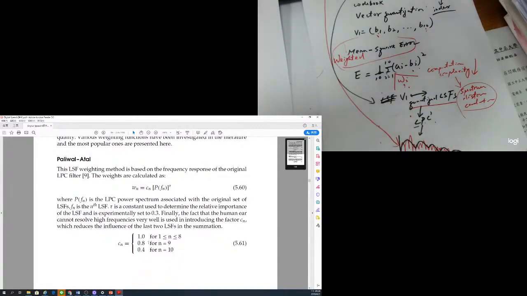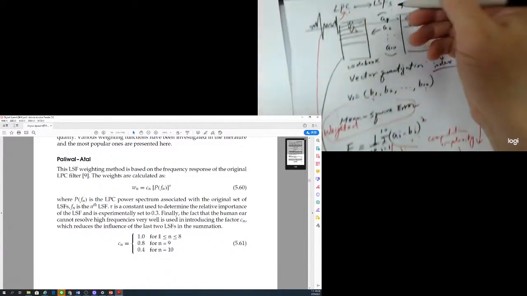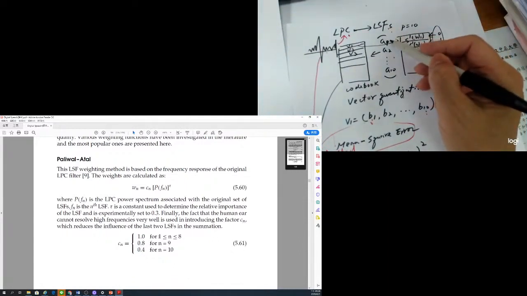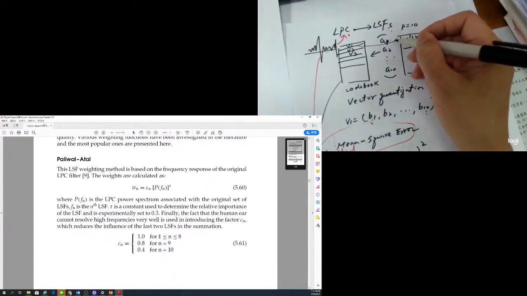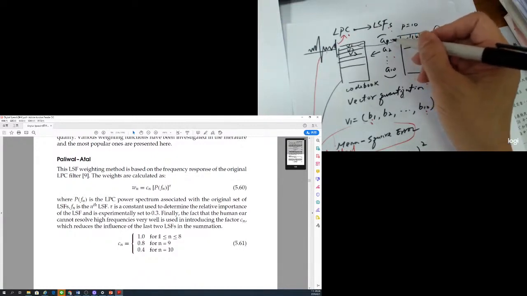So one person proposed that if you are at a low frequency here, there is one coefficient like A1, because we know our LSF coefficients have a related phase angle. This one is a small phase angle, 0 to pi or 0 to 2 pi, corresponding to 0 to 4 kilohertz.